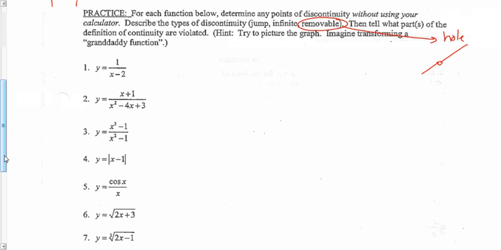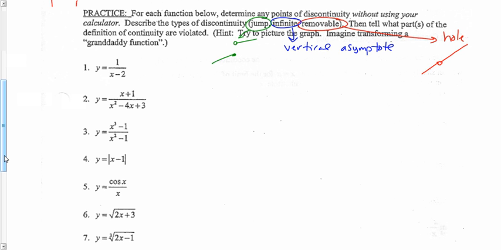Your infinite, this is where you have an asymptote, a vertical asymptote. And then your jump discontinuity is where you have to lift your pencil and move, where at an x value, you literally have to jump, lift your pencil to continue drawing.